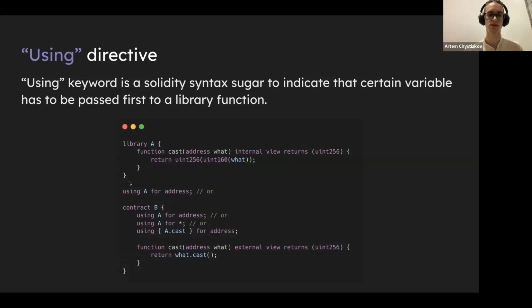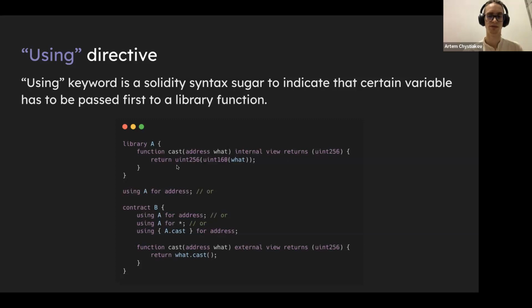So here I define a library, name it library A, which is really similar to how contracts are declared. Then I define a function which I name cast that accepts an address, and it is internal. It also returns a uint256 variable.